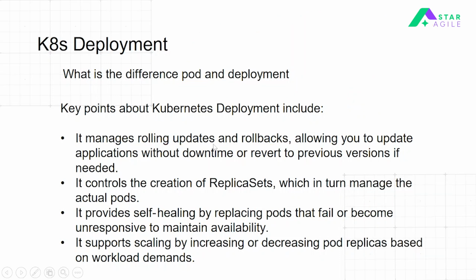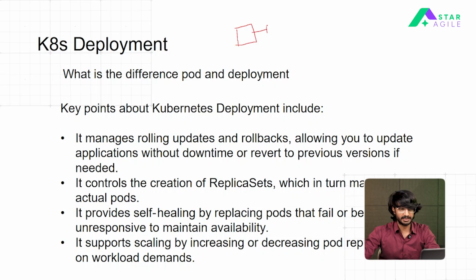All right people, let's check what the second point means. The major drawback of the pod was that once it is deleted, Kubernetes couldn't create a new pod. For that purpose, we are using something called deployment in Kubernetes, where in the manifest file you will clearly mention deployment.